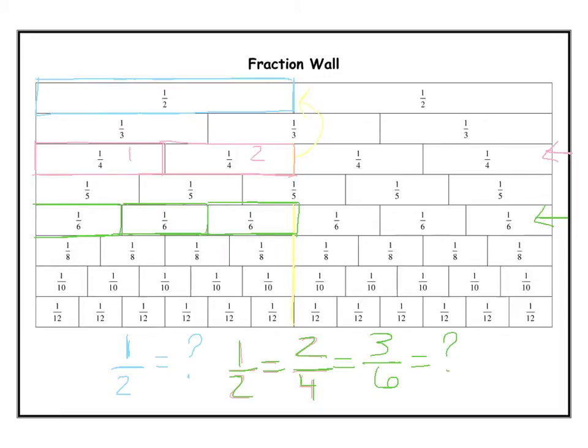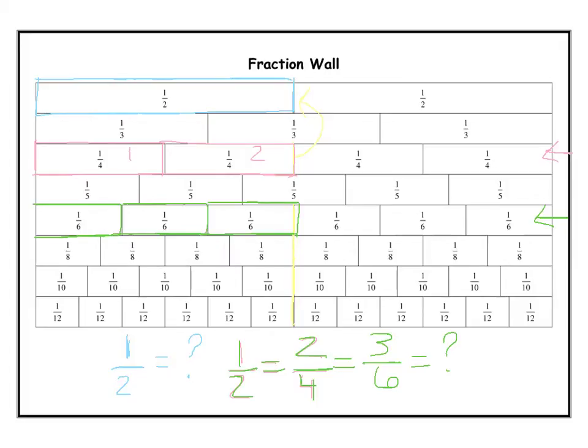So take a second and try to come up with at least one more equivalent fraction for this problem. All right, this should be a pretty quick problem to solve.